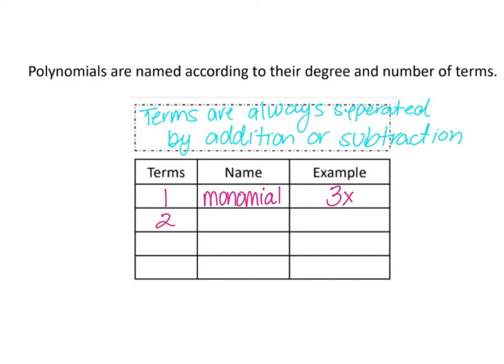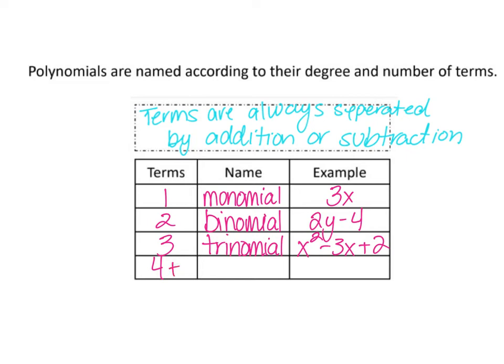If we have two terms, the prefix is bi, so binomial. So this would be like 2y minus 4. If we have 3 terms, this is what we call a trinomial. So this would be like x squared minus 3x plus 2.